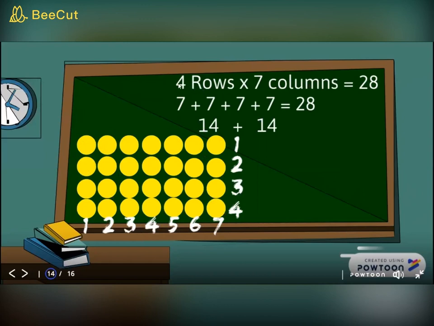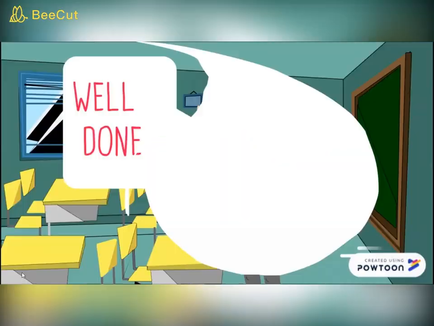I have 4 groups of 7. So I will write 7 four times. 7 plus 7, this is doubles. 7 plus 7 equals 14. 14 plus 14, this is also doubles, teacher. 14 plus 14 equals what?